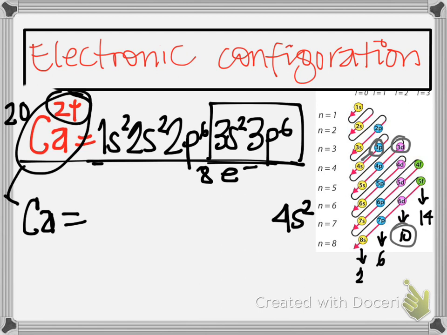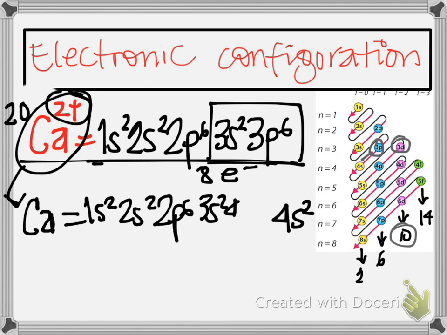But if you present the other electronic configuration, that is 1s2, 2s2, 2p6, 3s2, 3p6, and 4s2, that means that here you can say that calcium has 2 valence electrons, which are these 2 ones that it lost, right?